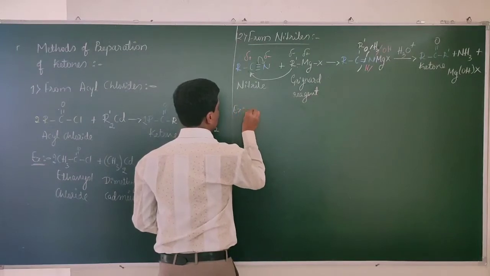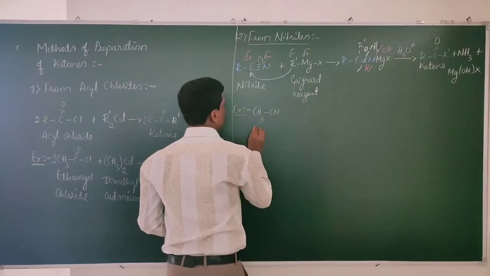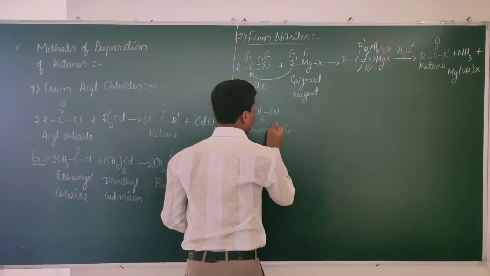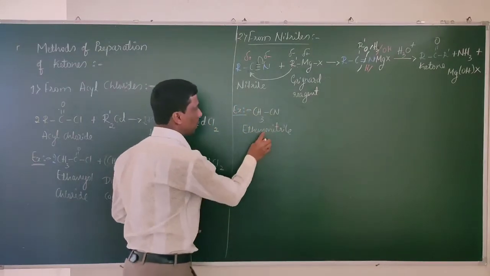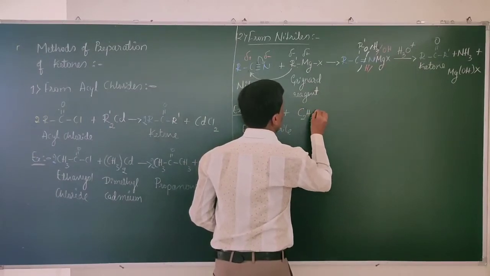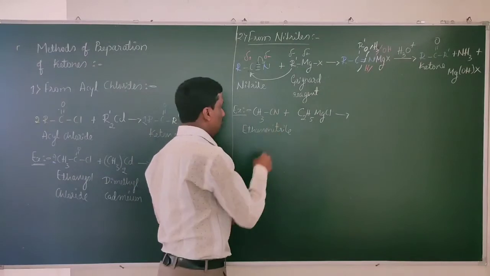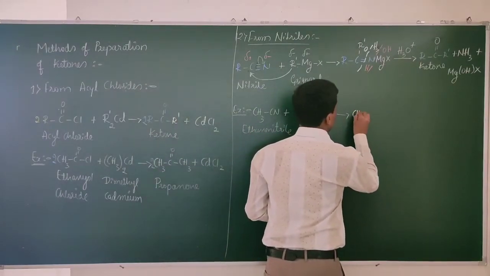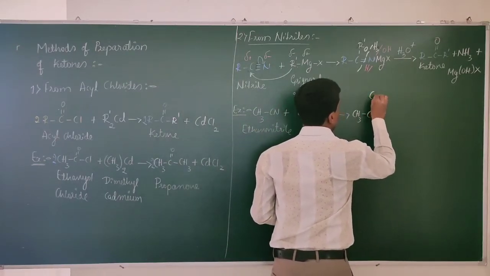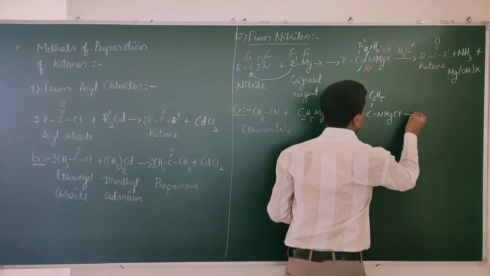One example. Whenever ethane nitrile, you can hear ethane nitrile, consider two carbon atoms, reacts with ethyl magnesium chloride. The intermediate that comes now is CH3 C double bond N, to this C2H5 will be added here, MgCl will be added.